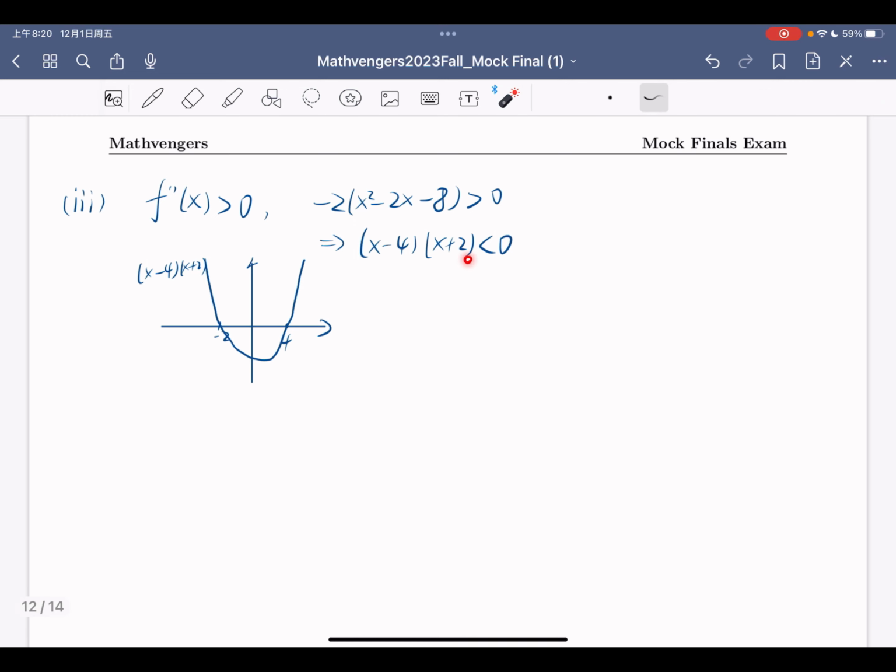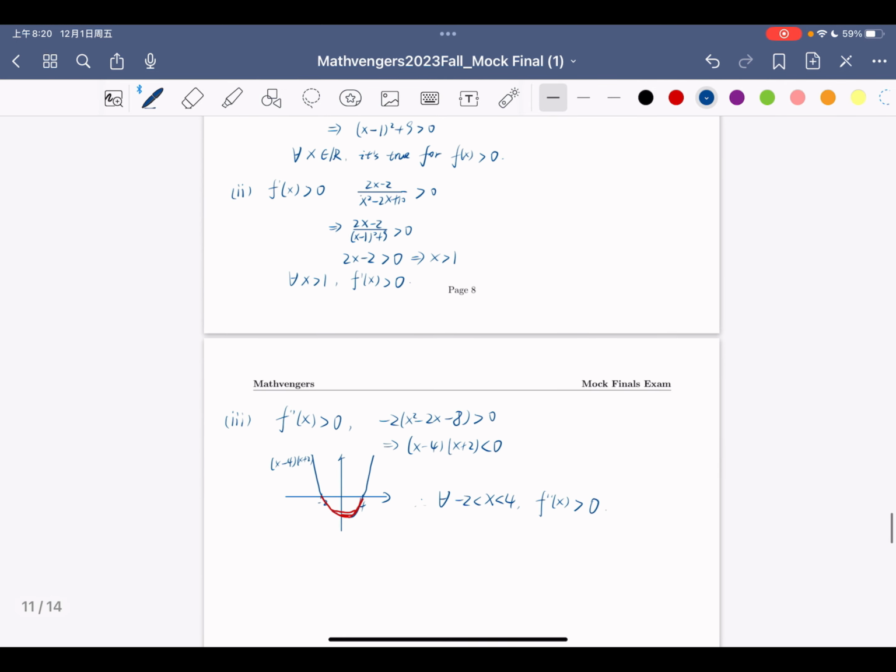You can say the interval where it is smaller than 0 is the one between minus 2 and 4. So for any x greater than minus 2 and smaller than 4, the second derivative is greater than 0. Okay, this is part B.